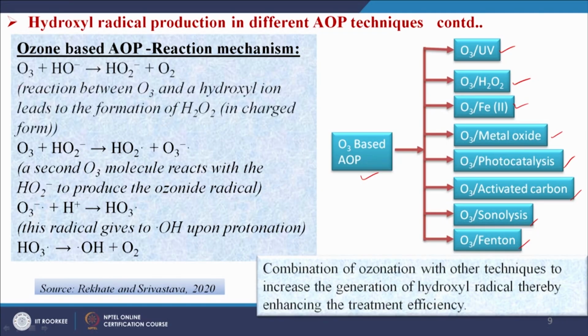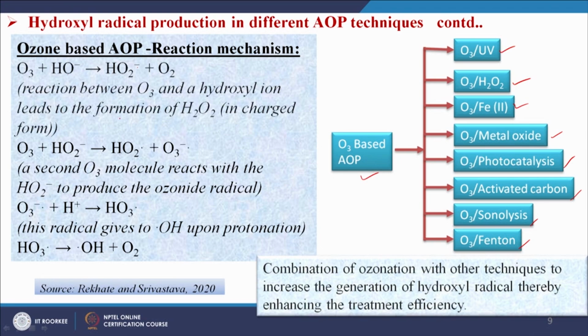So, O3 plus OH minus reacts and gives us HO2 minus and O2. The reaction between ozone and a hydroxyl ion leads to the formation of H2O2 in charged form. This HO2 minus, if we add H plus, will give us H2O2. So, this is H2O2 in charged form.